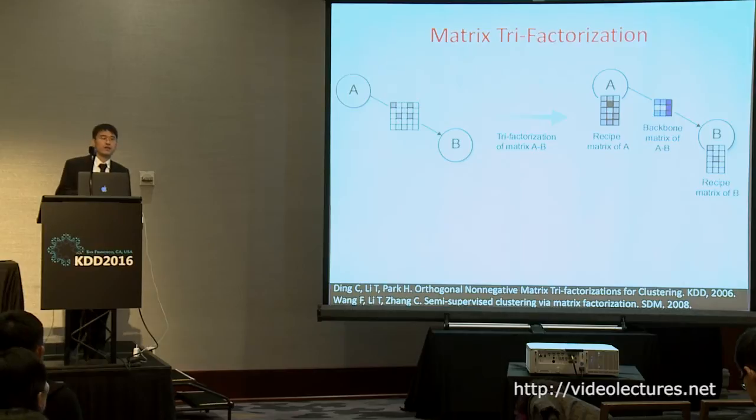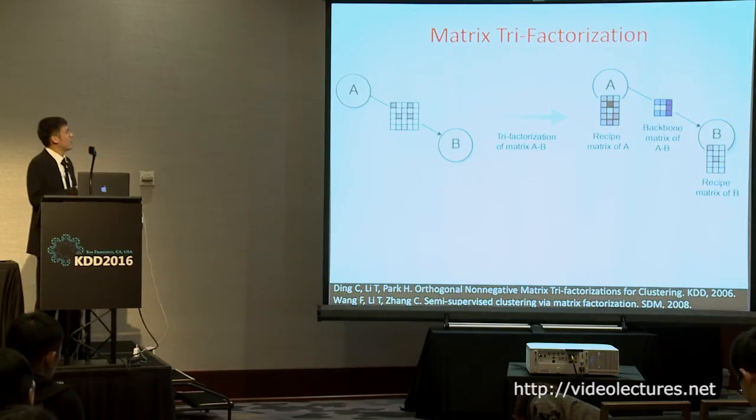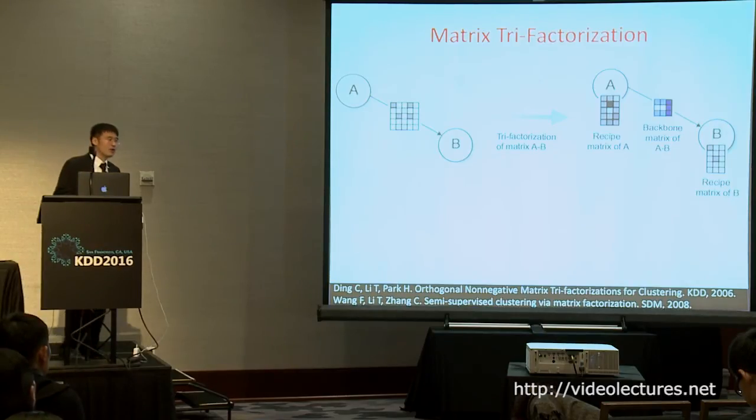As Fei introduced, they have matrix factorization algorithms. One of them is the matrix tri-factorization. In other words, once we have a matrix, we can do factorization into 3. It's not 2 now.